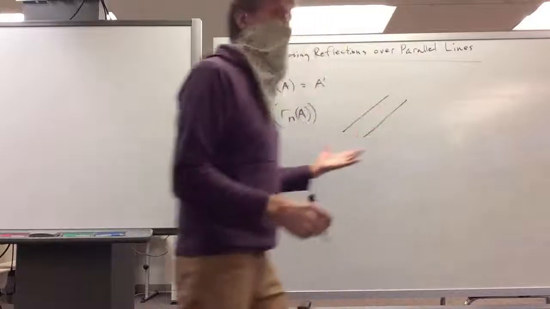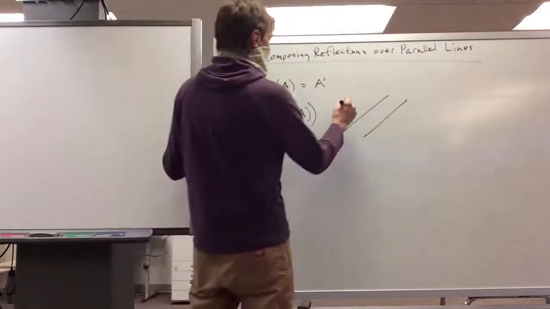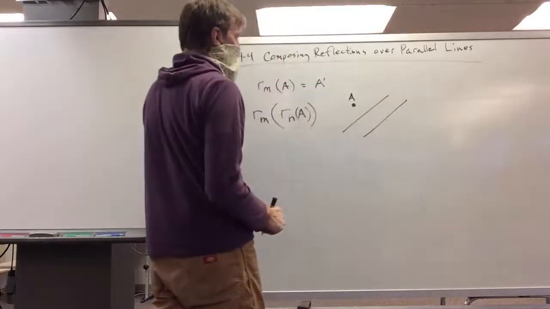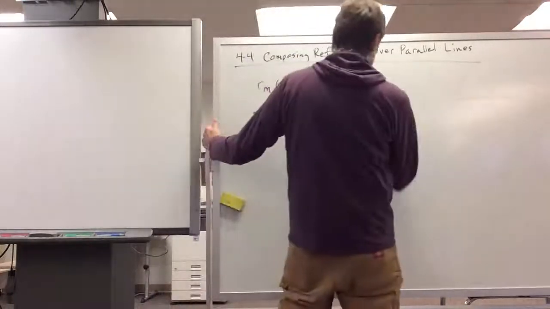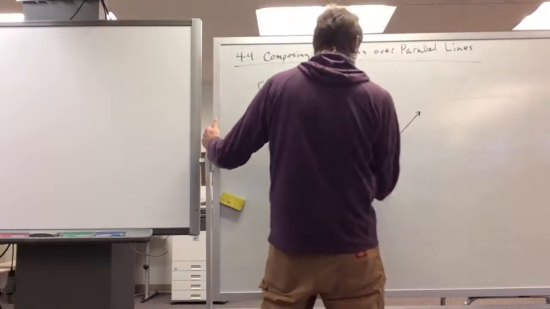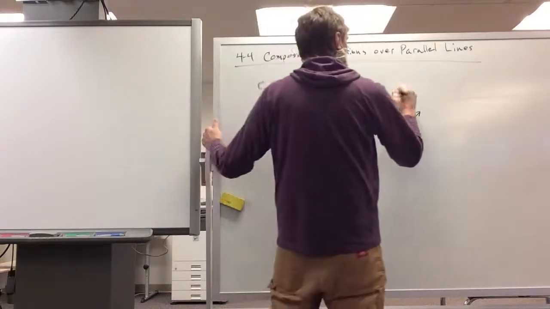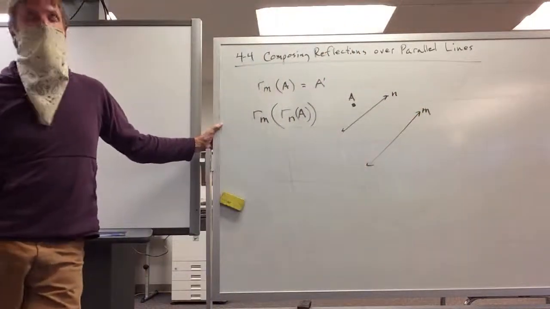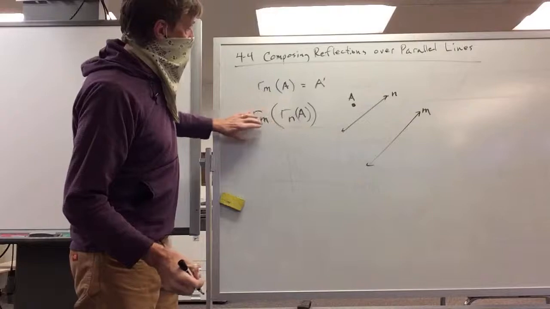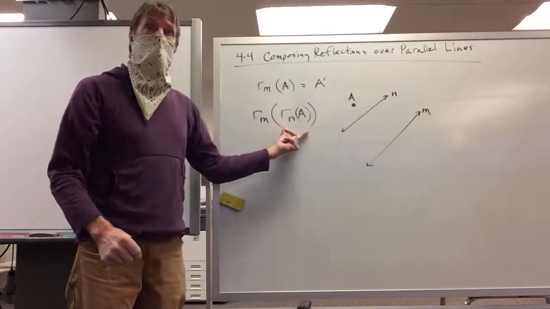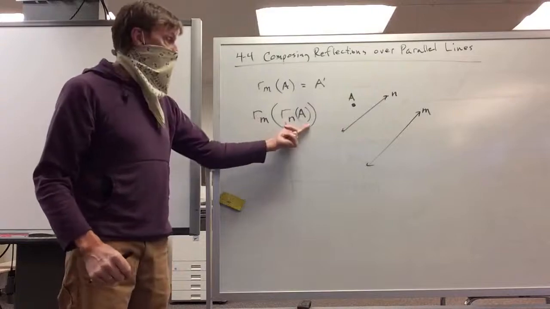if you had two lines, and you take a point A, and let's see, I better spread my lines out. The top one's going to be line N, the bottom is M. So if we look to the right of this statement, we work from the right to the left, and we do this first.